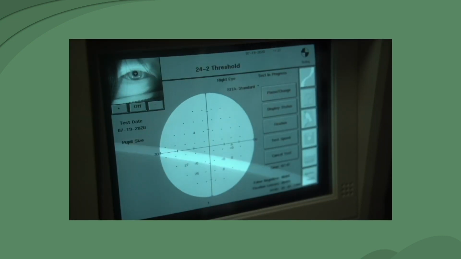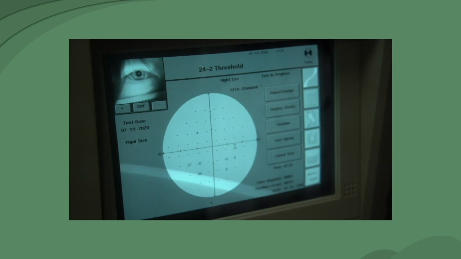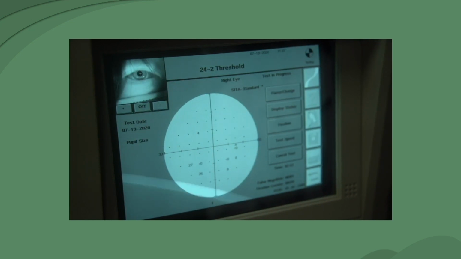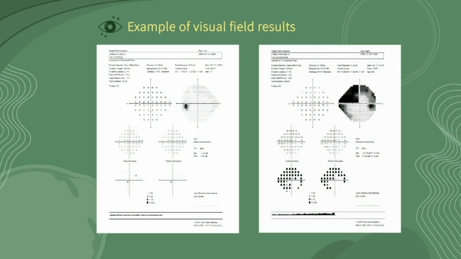The smaller or thinner the target that can be identified, the higher is the sensitivity of that location. Visual field examination can help diagnose certain disorders of the retina, optic nerve, or visual conductive pathway. There are specific forms of visual field defect which are meaningful in diagnosis and follow-up for patients with glaucoma.